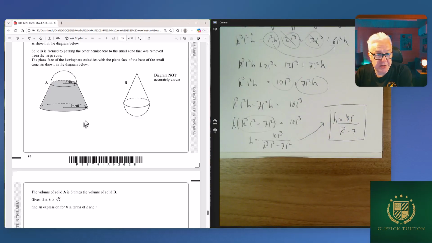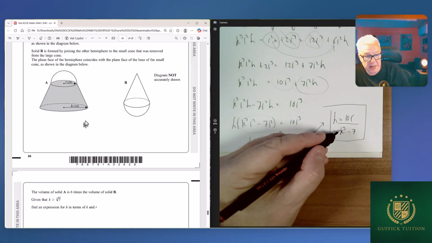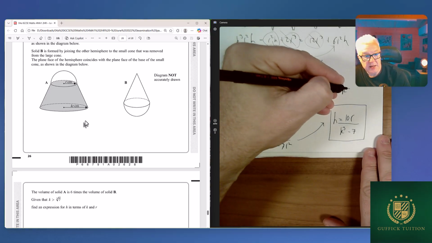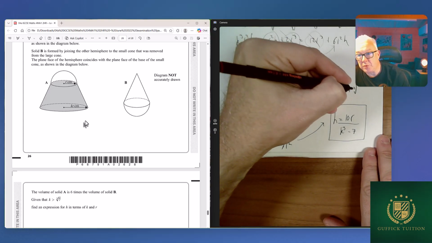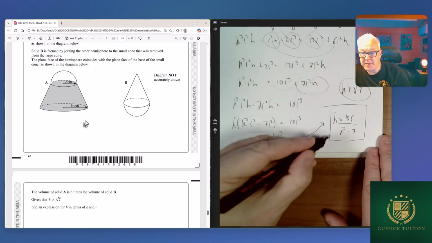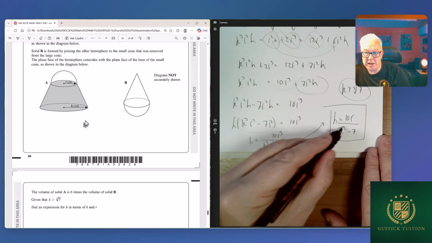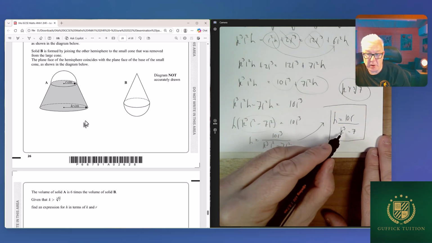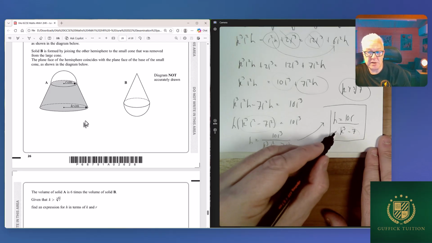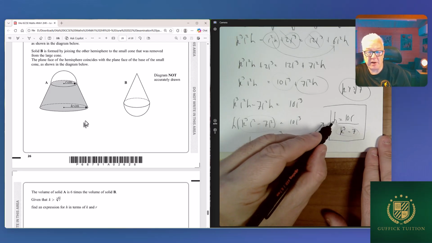And that is really encouraging, because that basically must be the meaning of the fact that k is greater than the cube root of 7. Because if you rearrange this, this has to be positive, because if this is not positive, you end up with a negative height for the cone, which makes no sense.